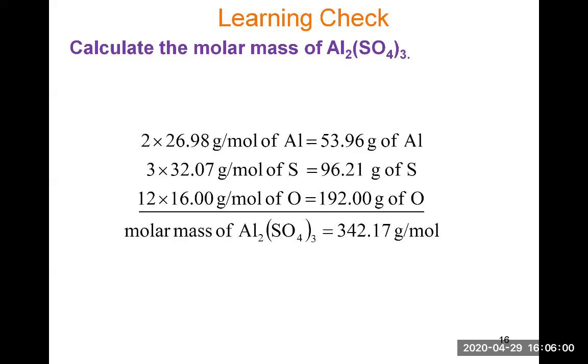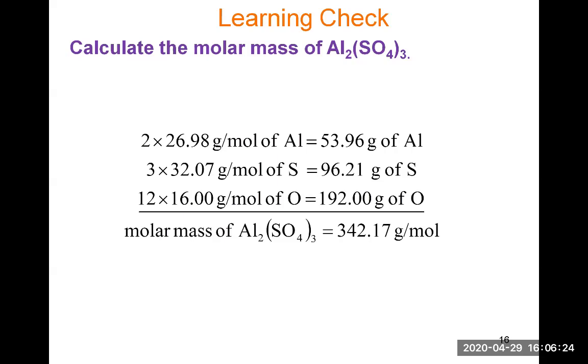So that means you will multiply 16 grams per mole of oxygen times 12. The sulfur, you will multiply 32.07 grams per mole of sulfur times 3. And the molar mass of aluminum is 26.98 times 2.